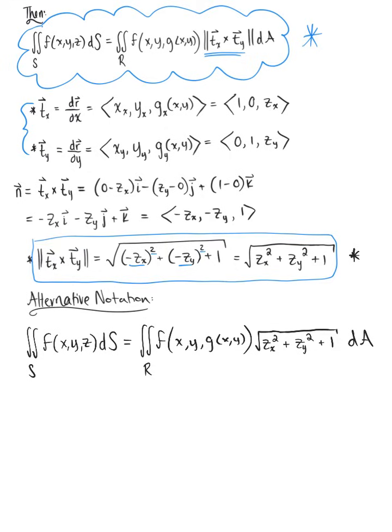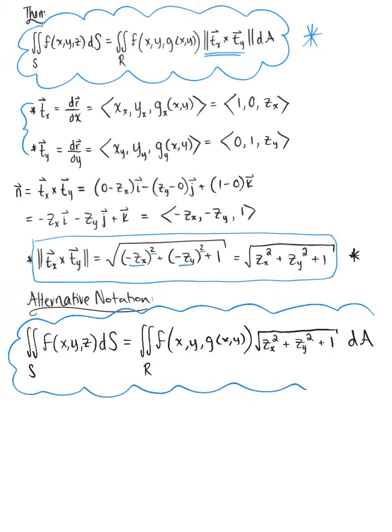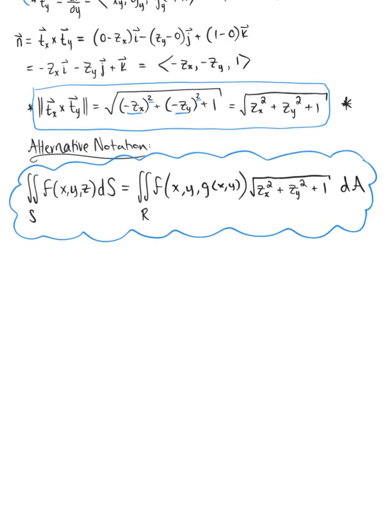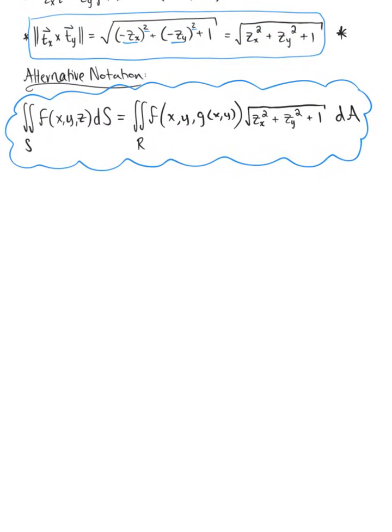And so this is an equivalent alternative form that we will use when calculating a scalar surface integral of an explicitly defined surface. And one last little love note here before we go ahead and start looking at examples.